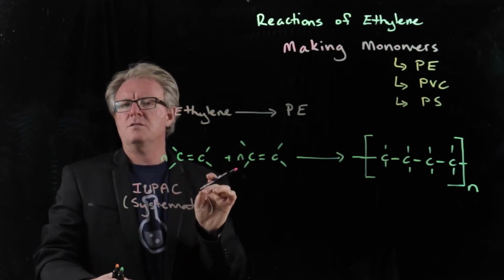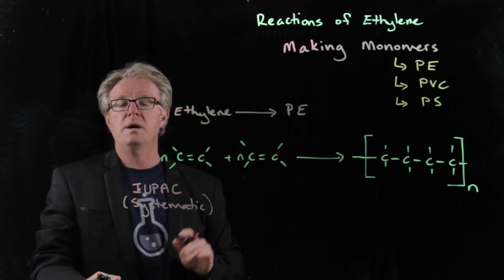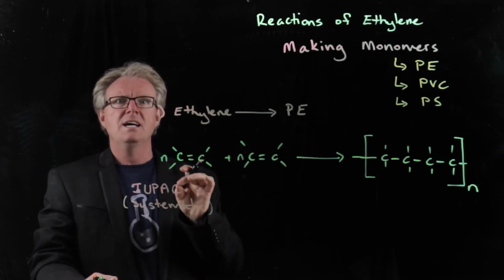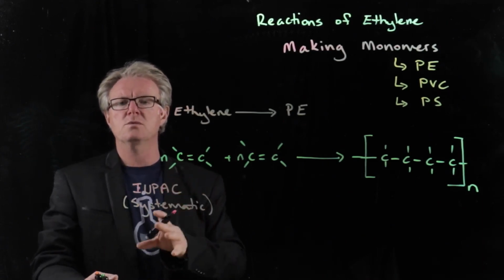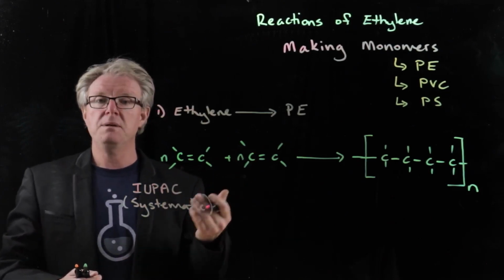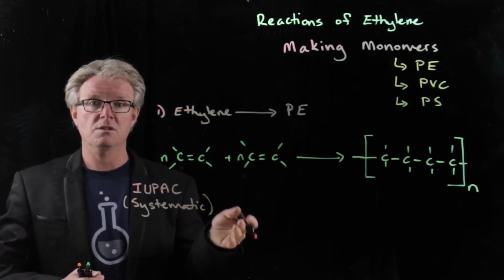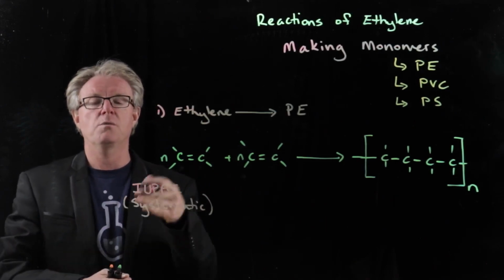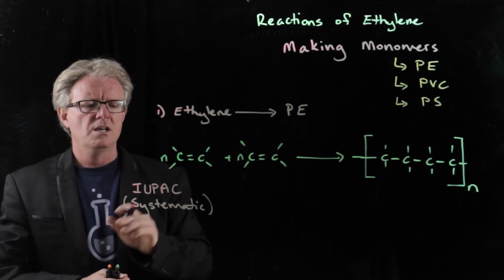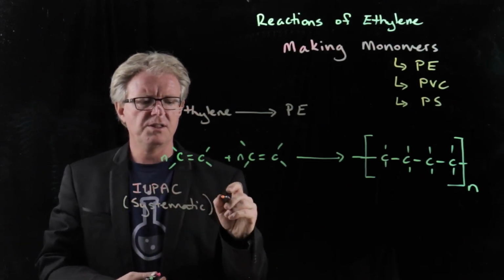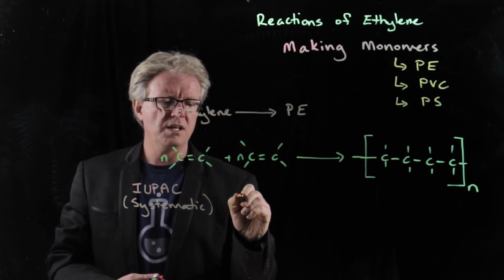IUPAC stands for the International Union of Pure and Applied Chemistry. It's an organization that's responsible for creating the systematic naming rules for compounds. They are also responsible for naming the elements on the periodic table. So if you discover an element, you've got to put it through to this organization and they will approve the name or not. So it's the systematic name, and for ethylene, it's called ethene.